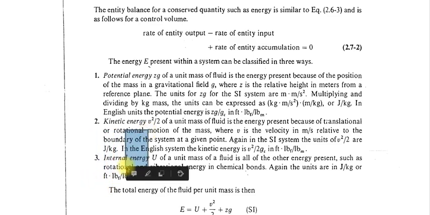The third type is internal energy, which means the energy of the material present in the system. Potential energy is due to position, and kinetic energy is due to the movement of the system.